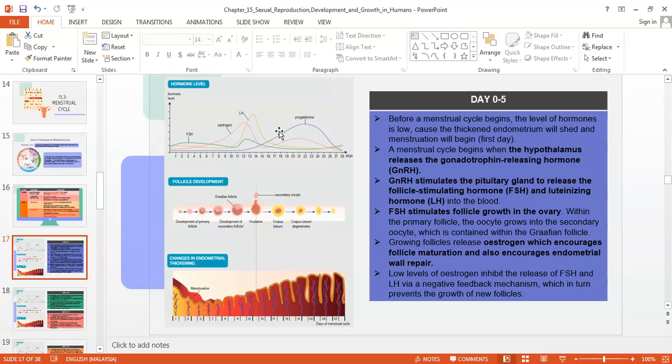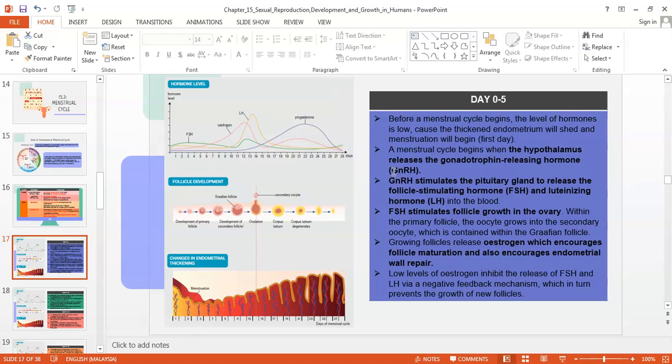So based on this graph, actually you can know the process. So before a menstrual cycle begins, the level of hormone is low generally for every 4 hormones: follicle stimulating hormone, estrogen, LH, and progesterone. And the menstrual cycle will begin when the hypothalamus releases gonadotropin releasing hormone.